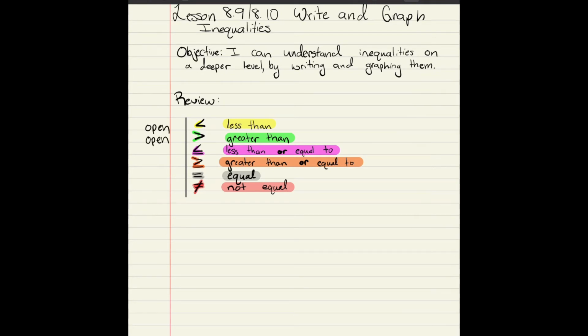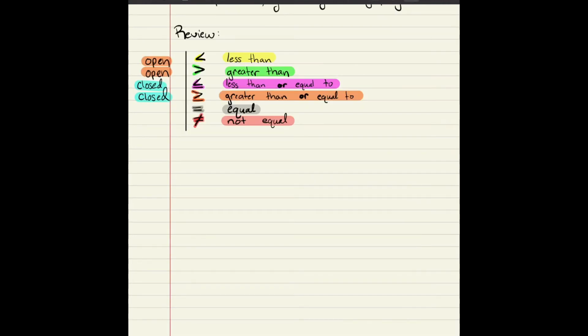When it is less than or equal to or greater than or equal to, the circles are going to be closed. So when it's not equal to, which is just greater than or less than, it's an open circle for graph. When it has equal to, it's a closed circle.